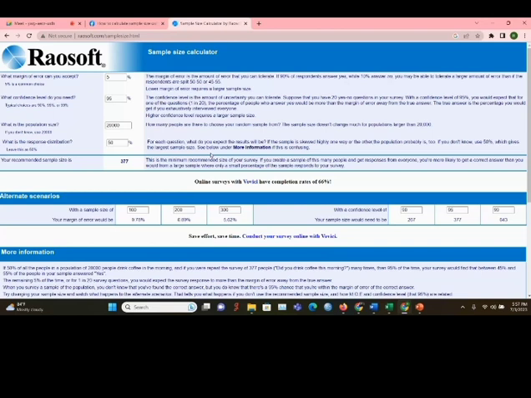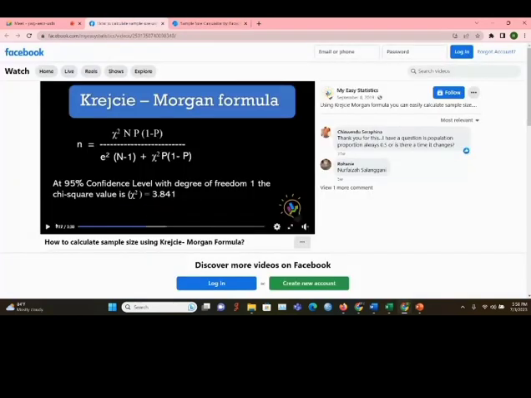I'll just show you the formula. It is explained properly here. The good thing about the Krejcie and Morgan formula is it's not really difficult. The numbers and letters that you see here are mostly constants.